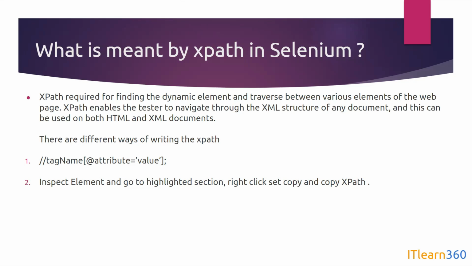One is to write the xpath manually, the way you see here. The second is to inspect the element, go to the highlighted section, right click, select copy, and then copy the xpath. You'll have these options available.